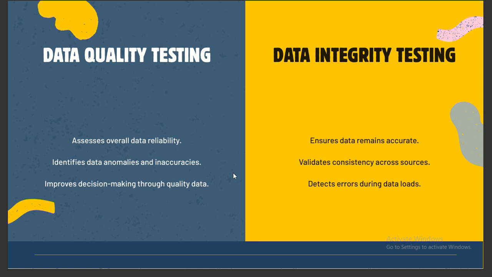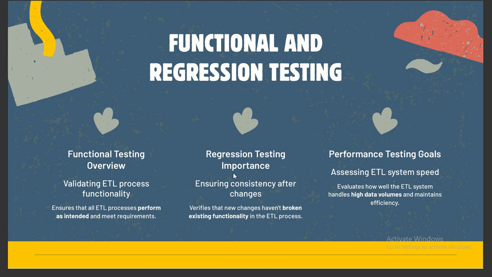Next, coming to functional testing. Here we ensure all the transformation rules are working correctly, verifying the logic applied during the transformation stage. Basically, in functional testing, we validate whether the transformations applied over the data are correct or not.